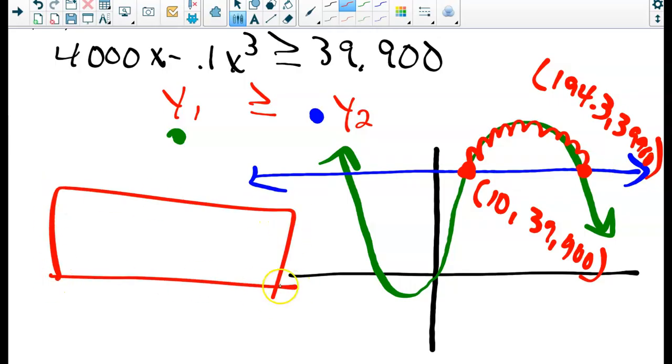And then my final answer here, it's only one section here. And this is a word problem. So this is going to be from 10 to 194 units. It says use graphical methods to determine how many units, so you're going to go from 10 to 194 units. And that is the answer on that one.